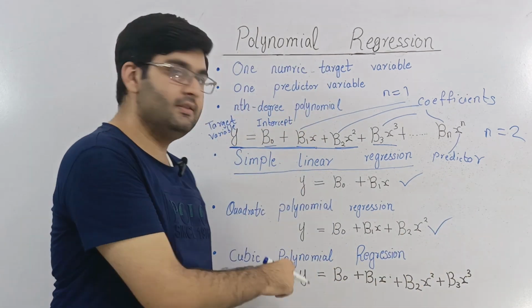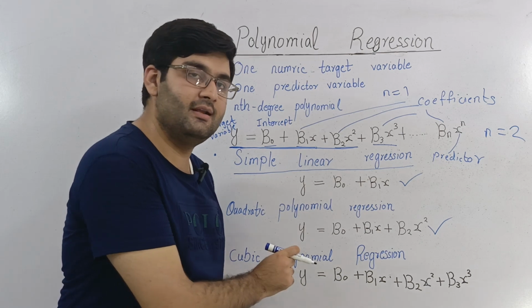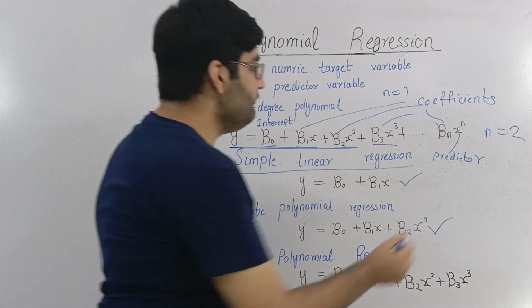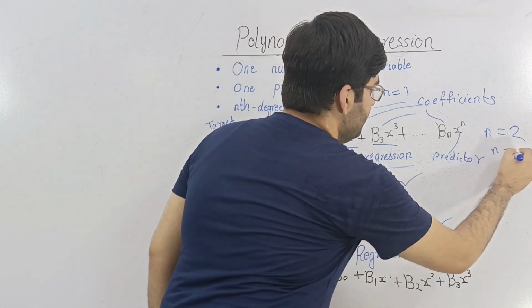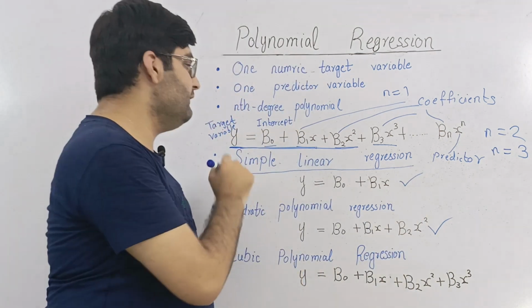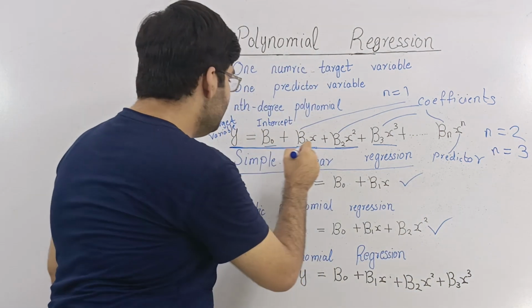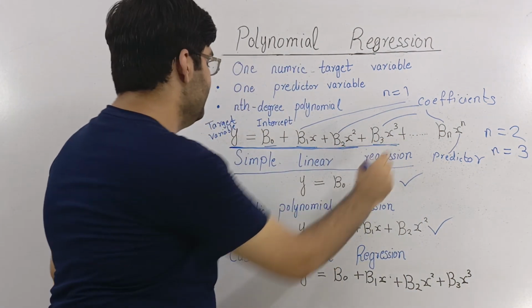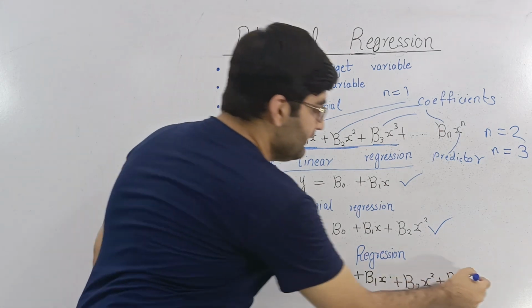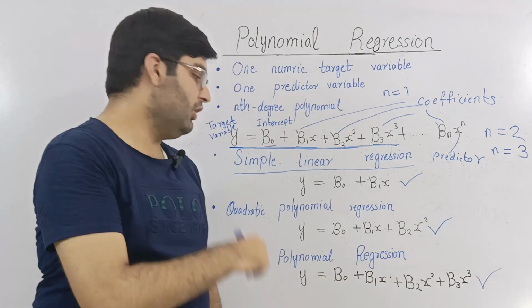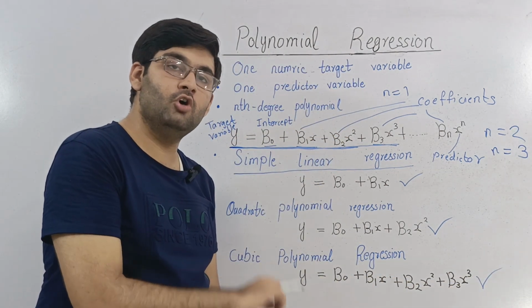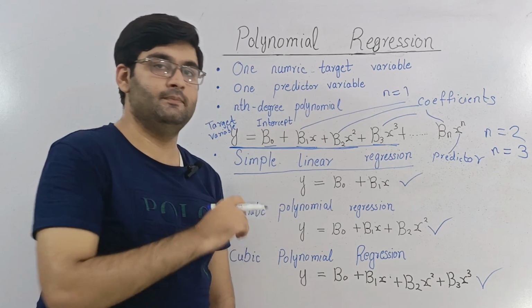This is called the quadratic polynomial regression. And if we choose n equals 3, that is, we keep the equation till the cubic term, then we will get this equation, and this is called cubic polynomial regression.